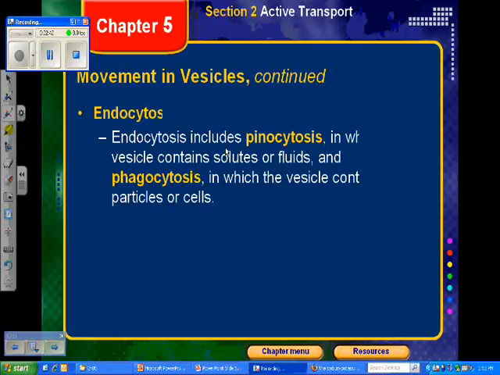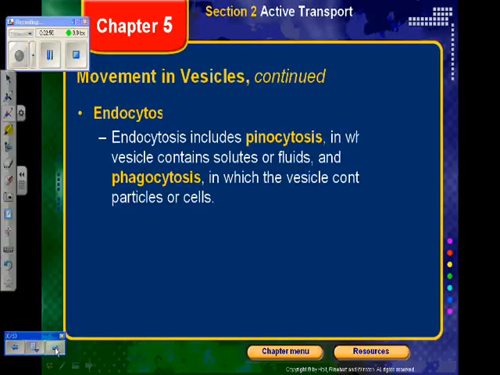There are two types of endocytosis. The first type is called pinocytosis.